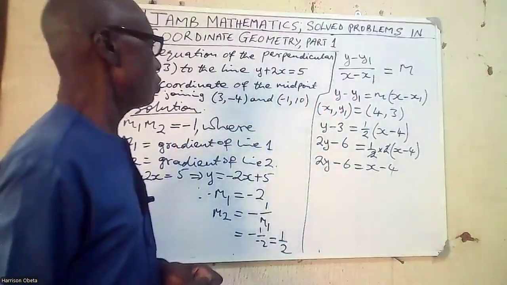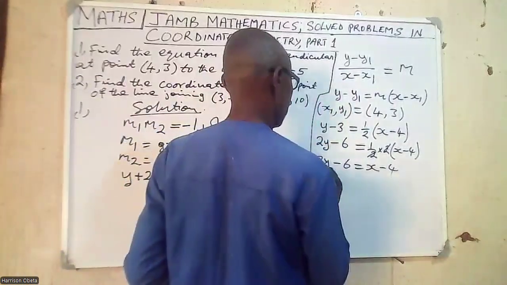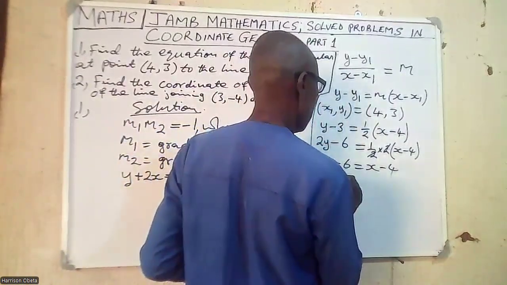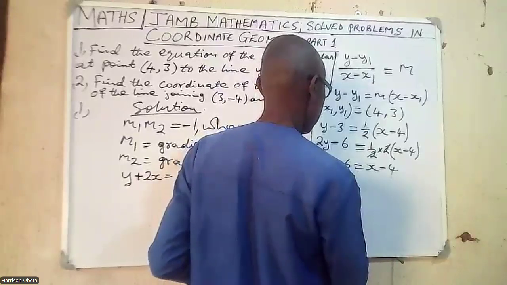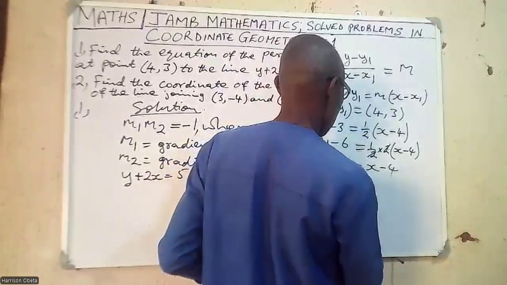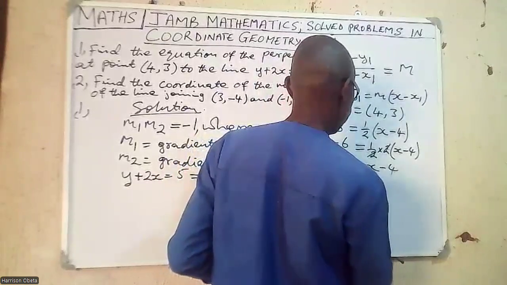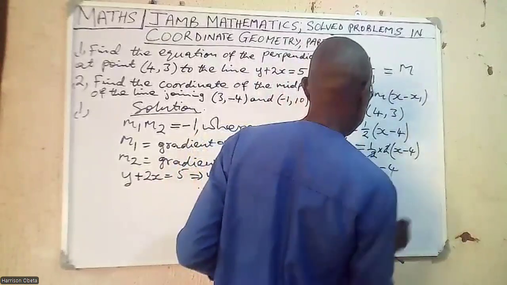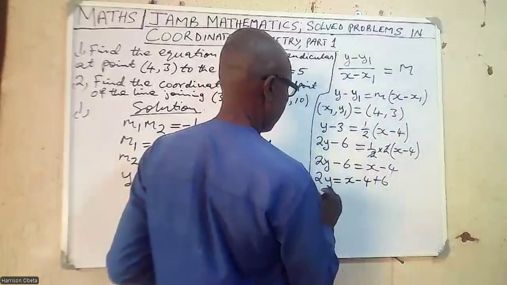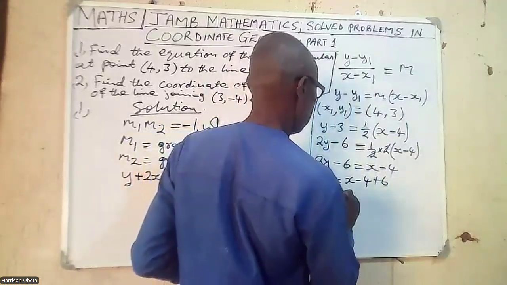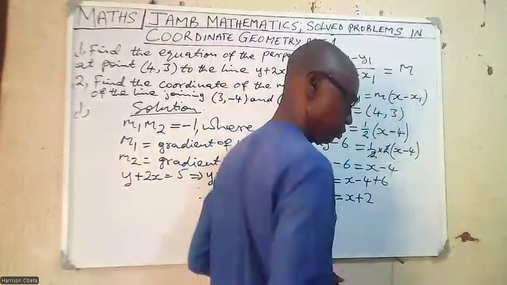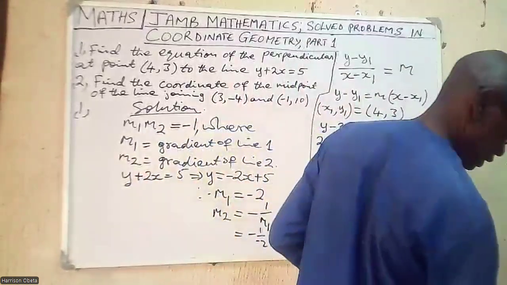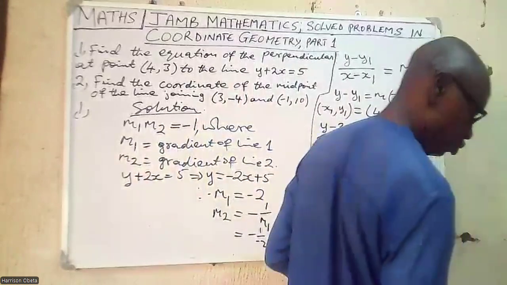And then moving on, we collect our like terms. So 2y is equal to x minus 4 plus 6, which we will have as 2y is equal to x plus 2.